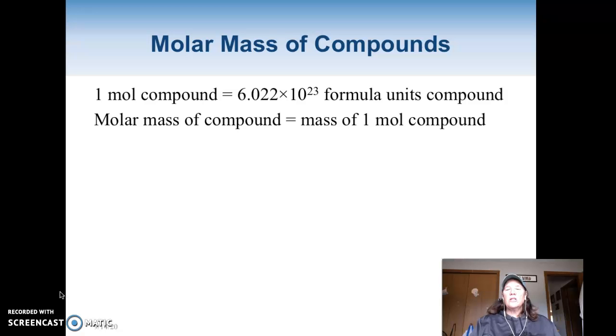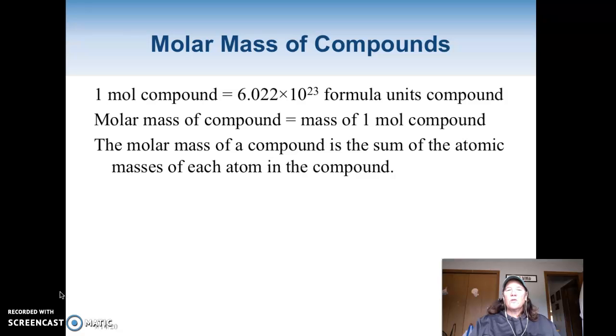Really all you're going to do is, like we did with elements, add them up. The molar mass of a compound is the sum of the atomic masses of each atom in the compound. In other words, I take each element I have, how much of each element I have, because that's a subscript, and then I multiply by the mass on the periodic table and add them up. So basically, you're just taking the individuals, putting them together, and adding them up.